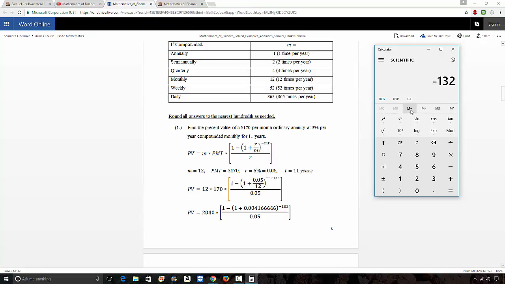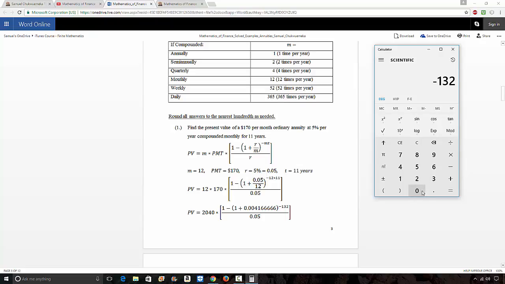But when I press M plus now to save it in the memory, you see these two are now in bold to let you know that something is in the memory function. If you're using Windows 7 or Windows 8.1, this calculator might look different from what you're using, but the memory function in those ones still works. Okay, so I just write this and save it here, or you can write it down on your paper.